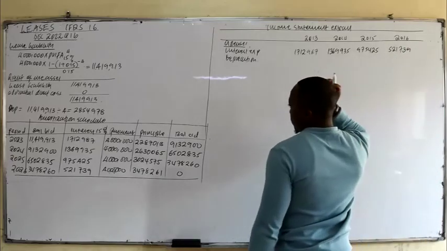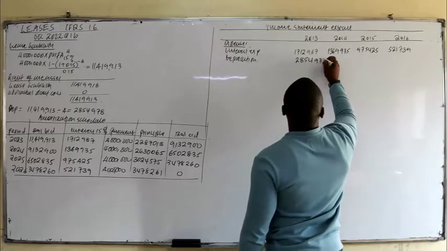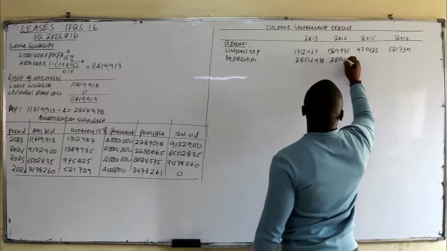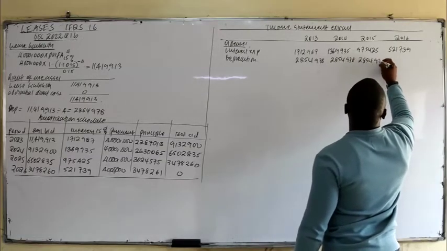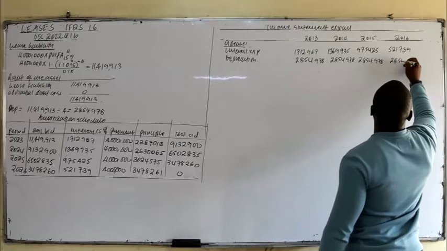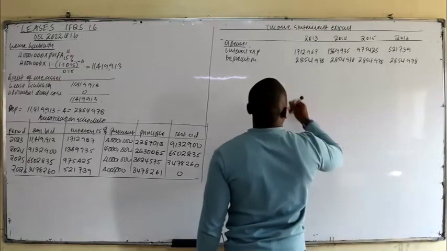Now depreciation was 2,854,978 each year, 2,854,978, 2,854,978, 2,854,978. What about the balance sheet?